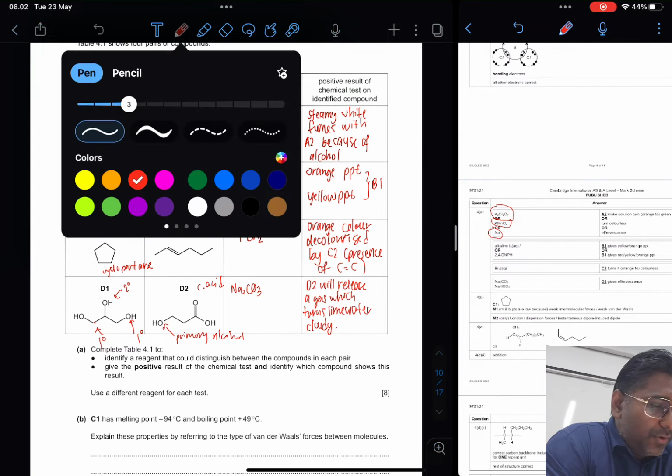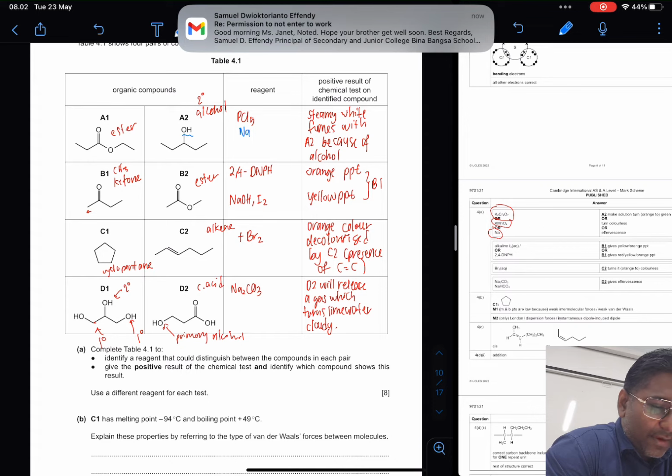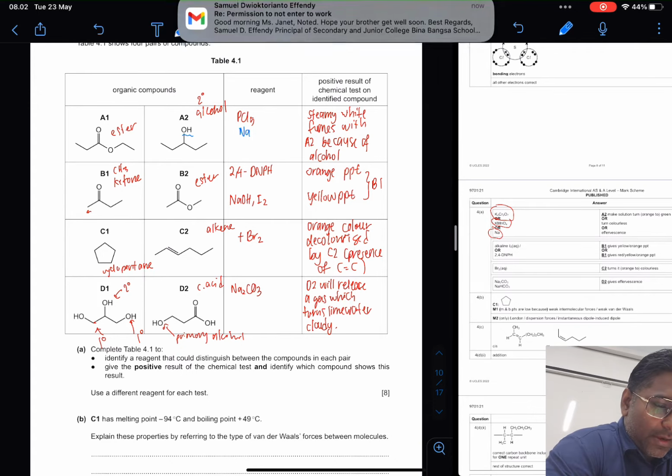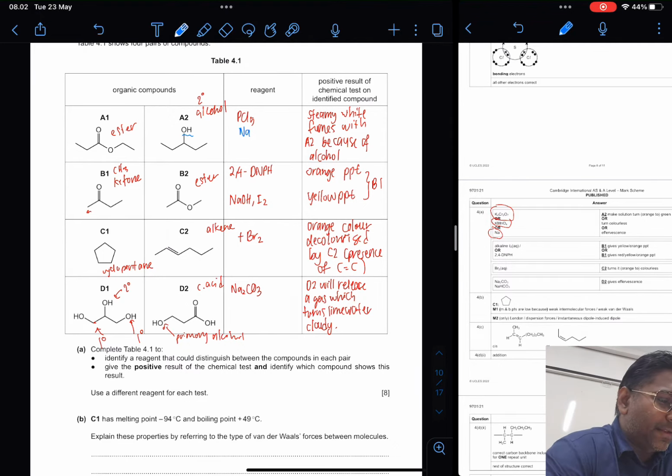According to the answer, they have used alcohol. If they use sodium or any of these oxidizing agents, A2, because it's a secondary alcohol, can change into ketone. So you can use an oxidizing agent, and A2 will still give positive results.